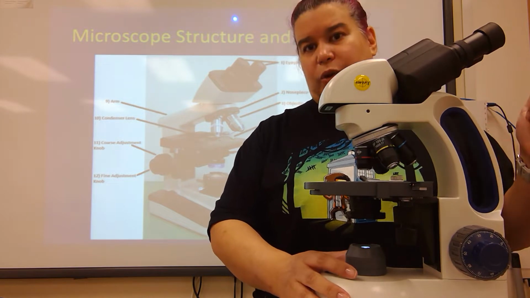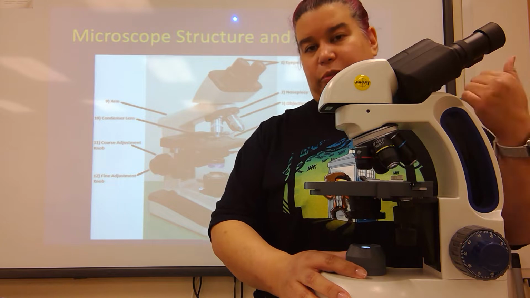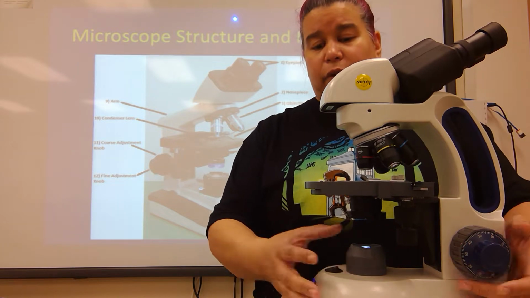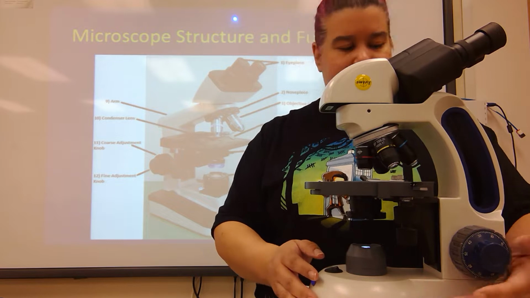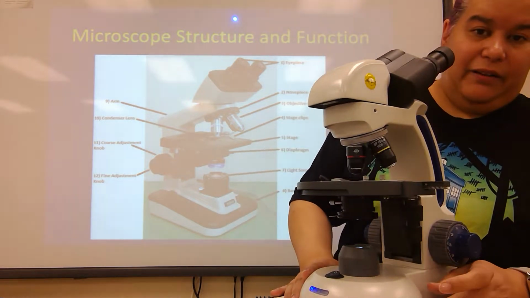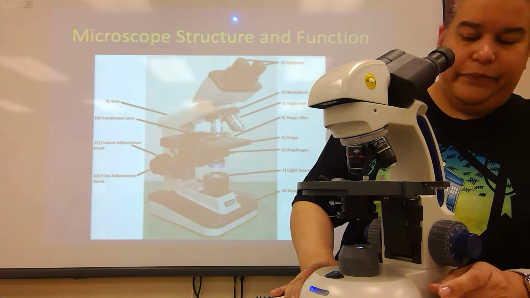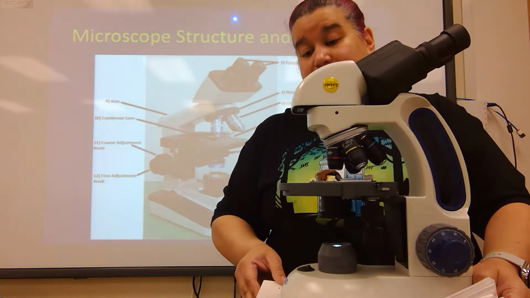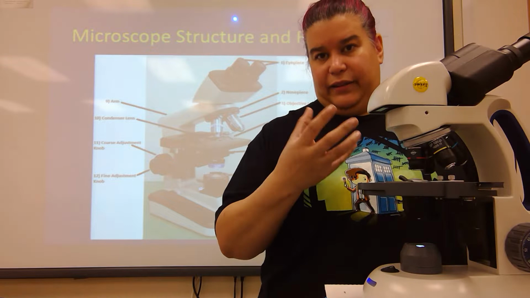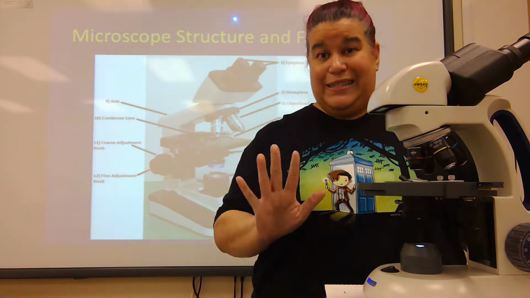We charge the scope up, we unplug it, and we're able to use it pretty much the entire semester. You can adjust the amount of light because we have a dial here that will allow us to do that. But the light source is what is actually creating the light that goes through our specimen so we can see our specimen.